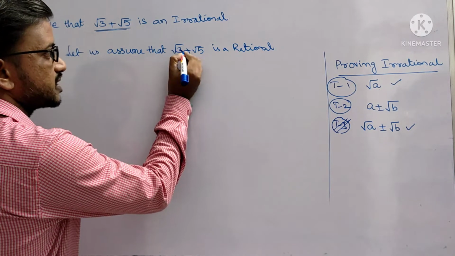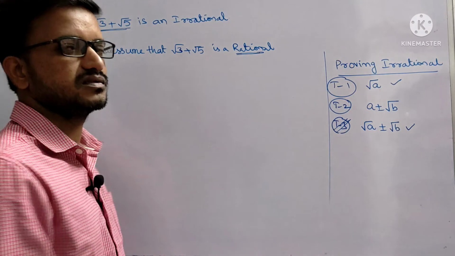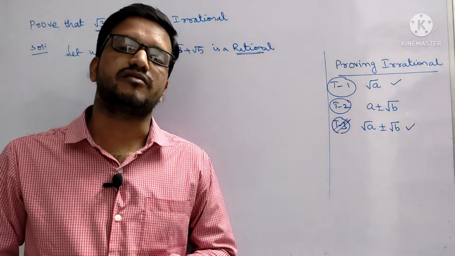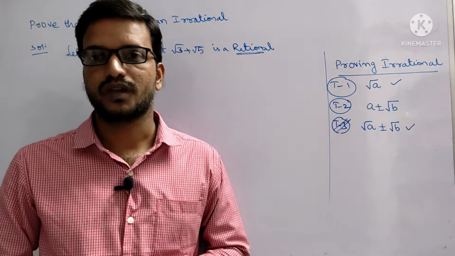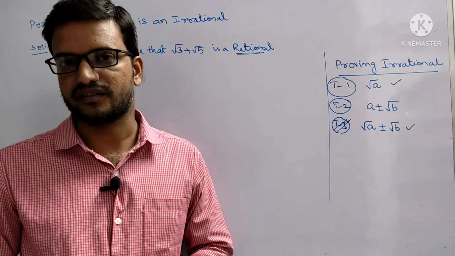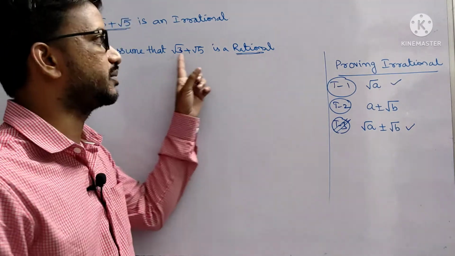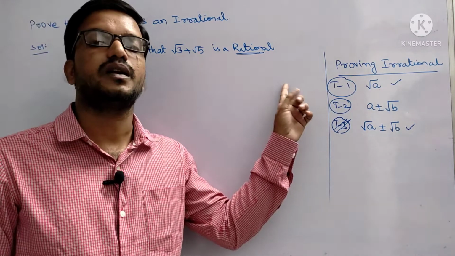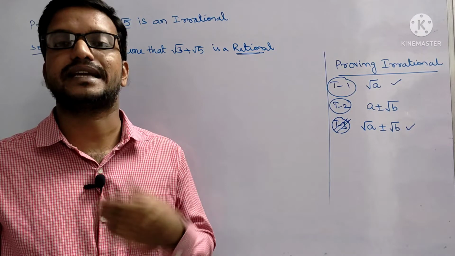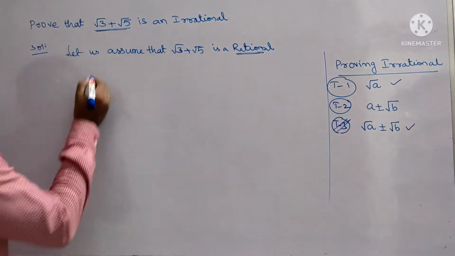So here root 3 plus root 5 is a rational. From the definition of rational, a rational is a number which can be expressed in the form of p by q, where q is not equal to 0 and p, q are integers. As root 3 plus root 5 is a rational, it can be expressed in the form of p by q, that is, as a fraction, right?